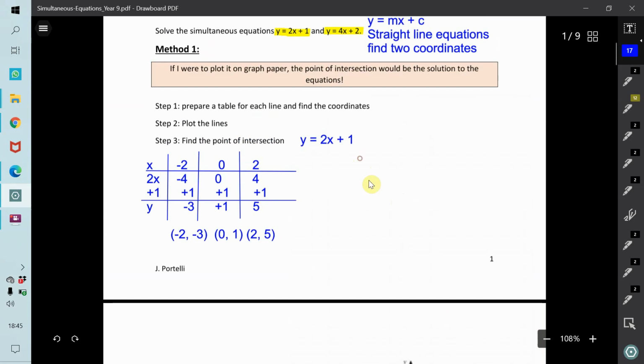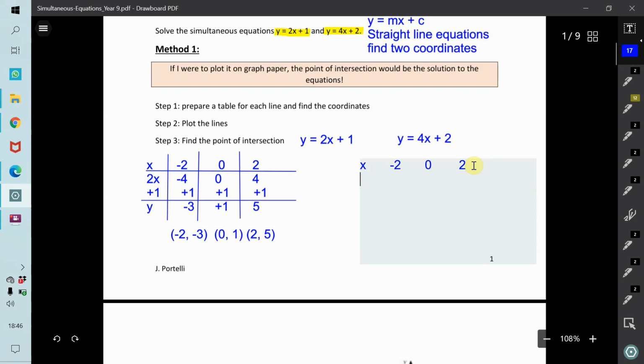So let's draw the second table. This table, what I'm going to find is y equals 4x plus 2. So let me do my x values. I'm going to take the same ones, -2, 0, and 2. Let me create some space between them. Over here, I'm going to write down the equation, y equals 4x plus 2.